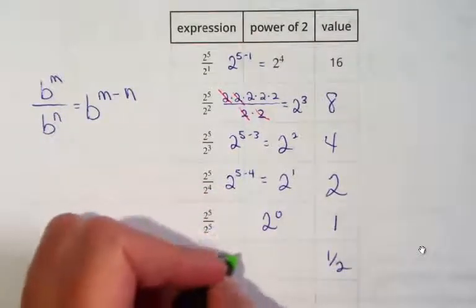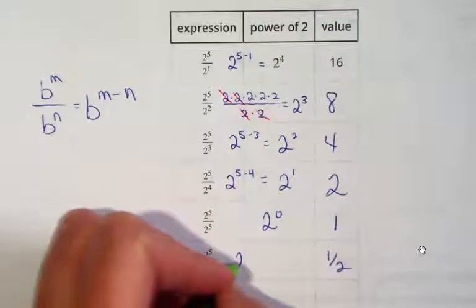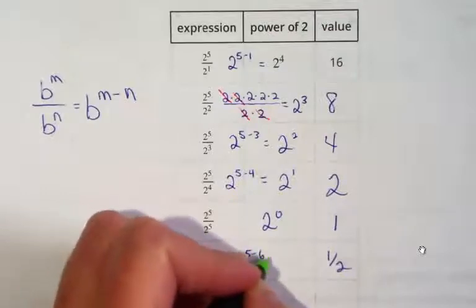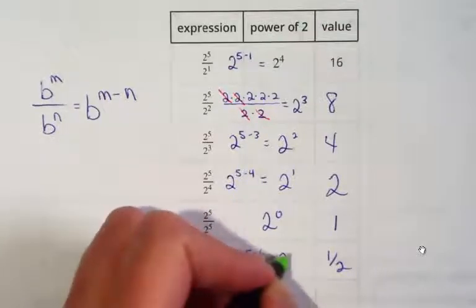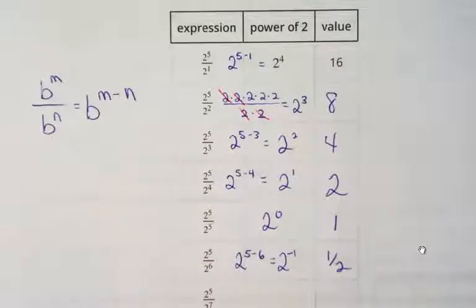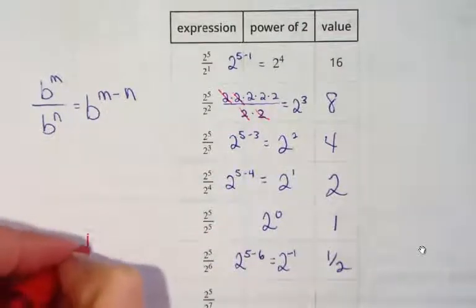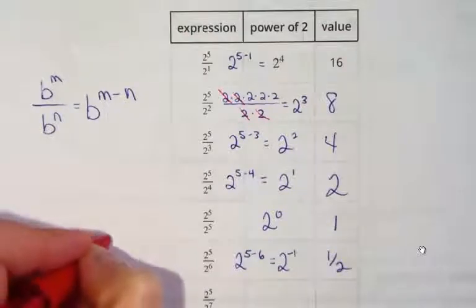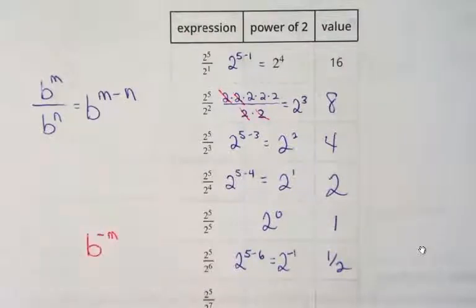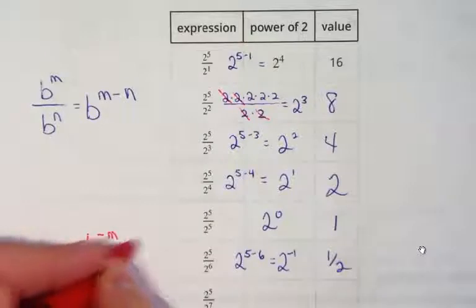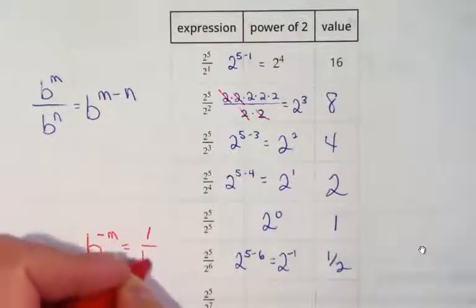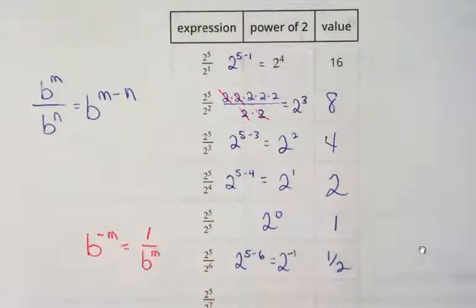But if we really think about it this way, we have 2 to the 5 minus 6, which is 2 to the negative 1. And we also had a rule that told us that if we have anything to a negative power, that's the same as 1 over the base to that power.